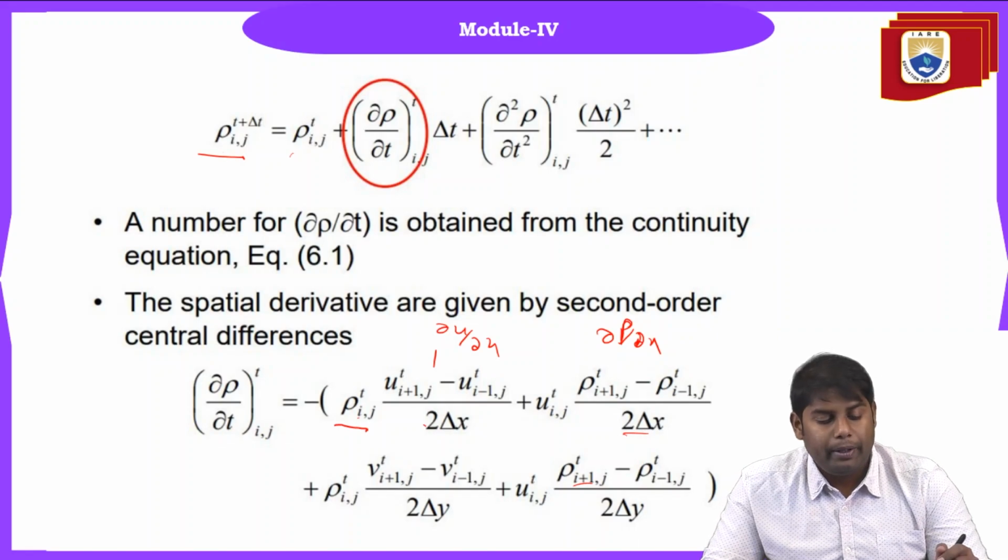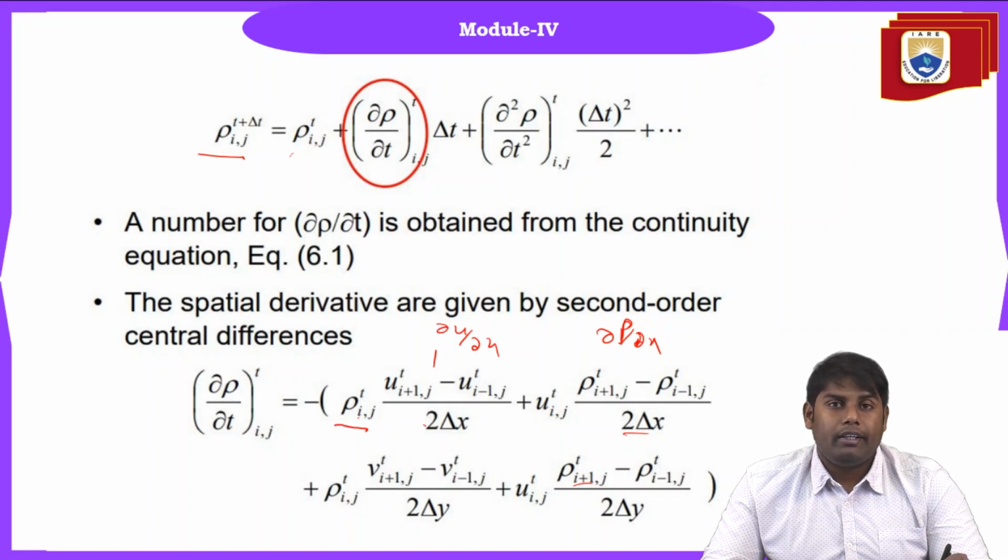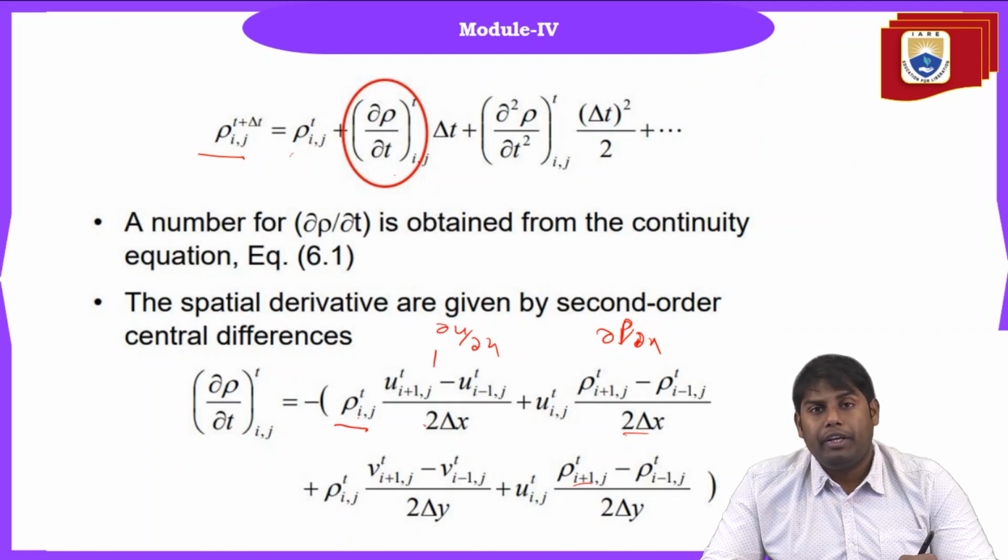Now we have derived the density value at the next time level using the Taylor series expansion, and then we substituted the continuity equation in the first derivative term, and we have written the central difference scheme for the values in the continuity equation.